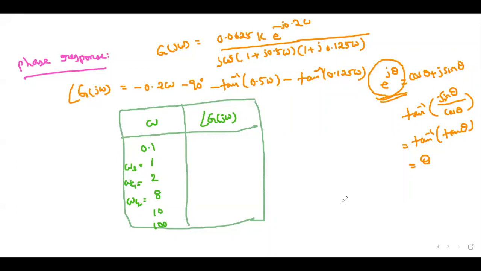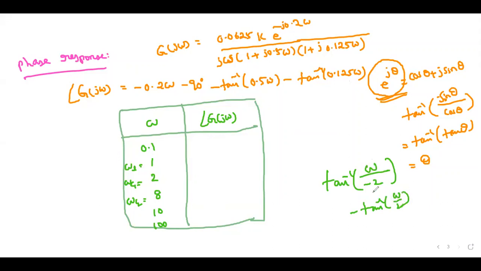I told you, whenever the real part is negative, like tan inverse of omega by minus 2, we write 180 degrees minus tan inverse of omega by 2; otherwise simply tan inverse of omega by 2.